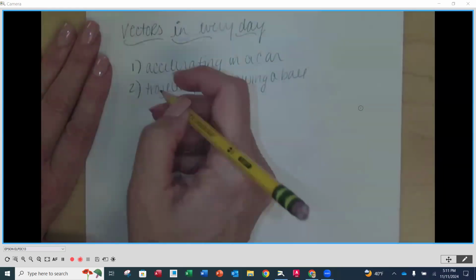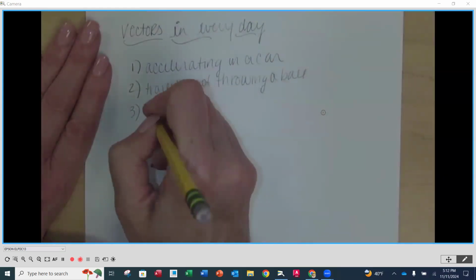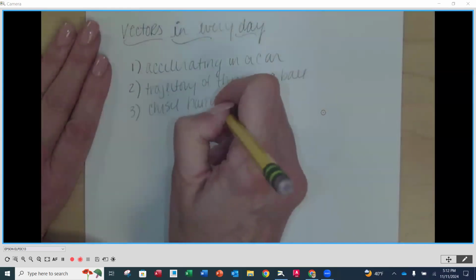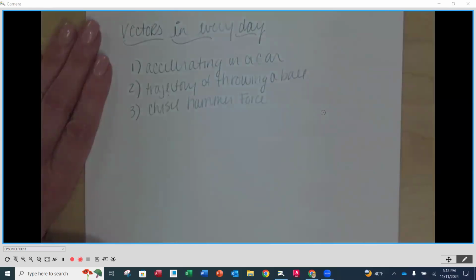Awesome. Then I'm going to go back to Chris's number 3. He has when I hammer a chisel, me hitting a chisel. It is the magnitude and the point at the end of the chisel in a direction. Yeah. Yep. Chisel, hammer, force. Okay. All right.